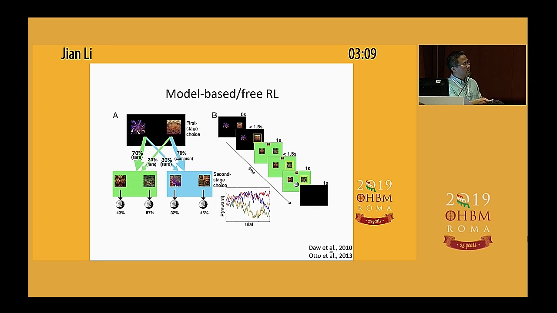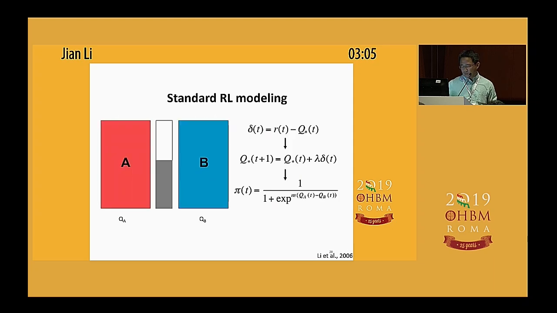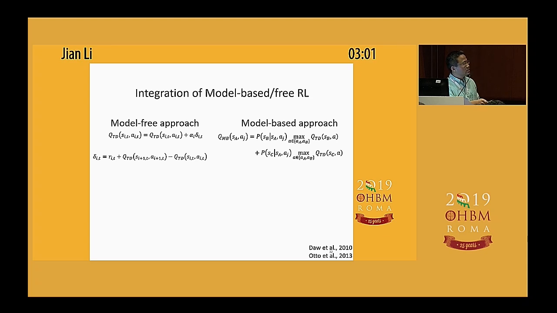Same thing for the other stimuli, which is quite demanding for the subject. In order to calculate the state-action values, the subjects or the animals need to do all these calculations online whenever they see a stimulus come on. That requires a lot of working memory load.